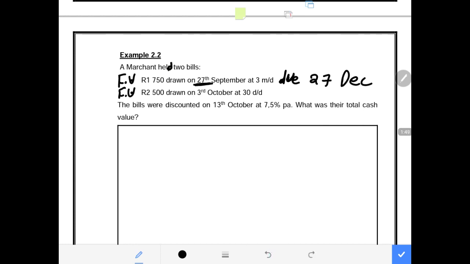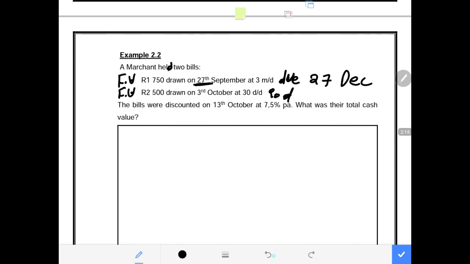I did not speak of DD previously because DD can change to 30 DD or to 90 DD. I only spoke of 3 MD. If it's 30 DD, the bill is due 30 days after it was drawn. If it is 90 DD, the bill is due 90 days from the date it was drawn.